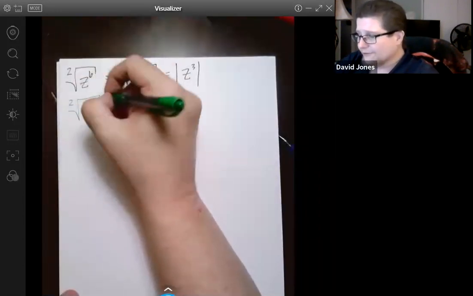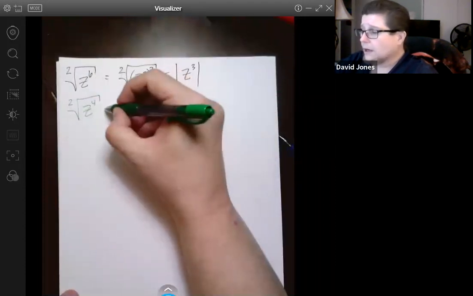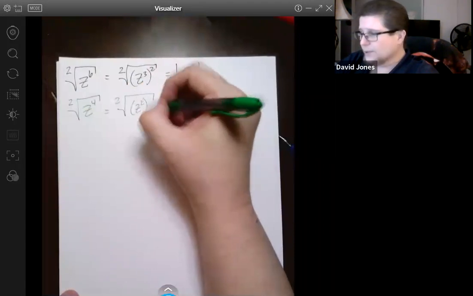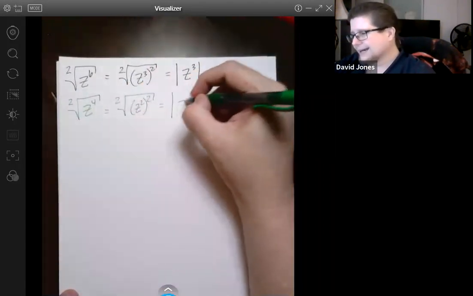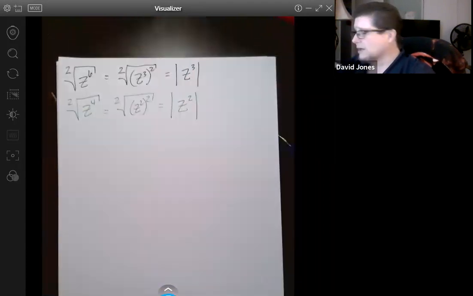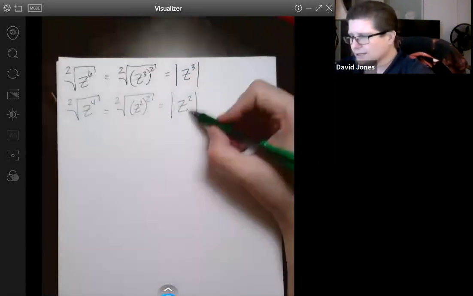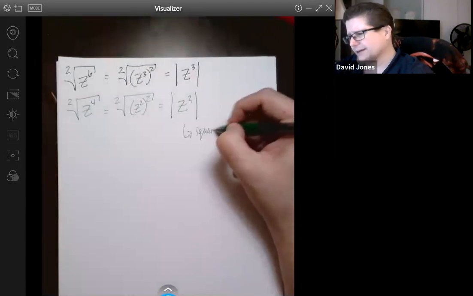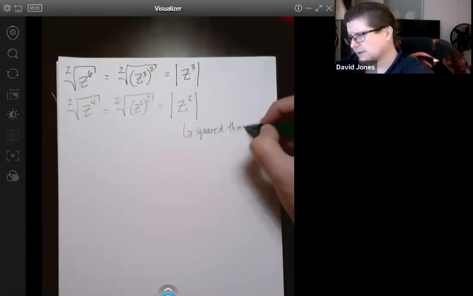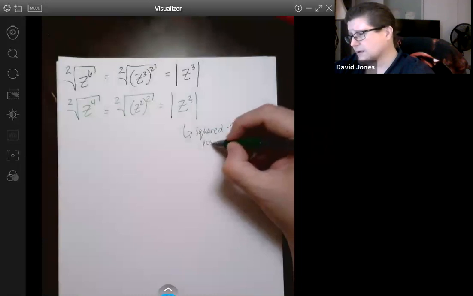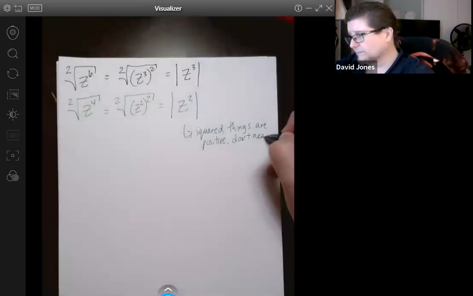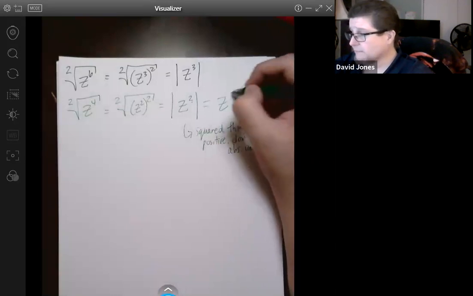Square root of z to the 4th. I could do the same thing. z squared squared, and I could write that as the absolute value of z squared. But when I square something, doesn't it make it positive anyways? Squared things are positive anyways. Don't need the absolute value. This is just z squared. Don't need it anymore.